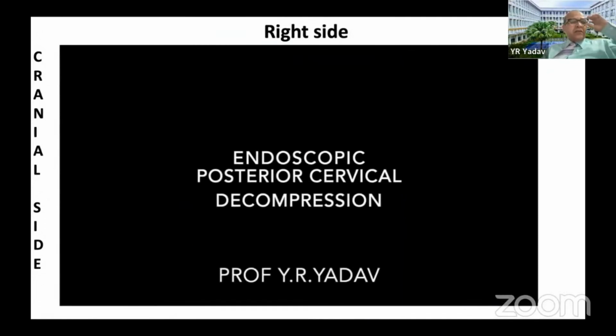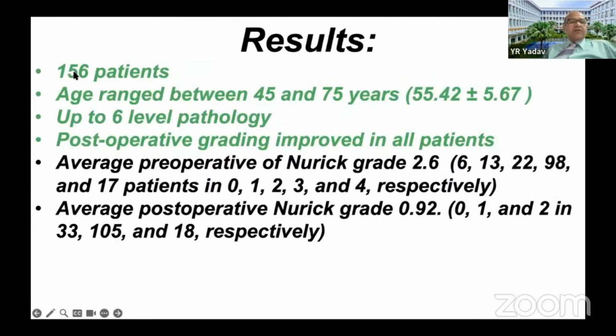Regarding the results, so far we have operated on 156 patients. Age range from 45 to 75, up to 6-level decompression has been done. The postoperative grading improved in all patients.